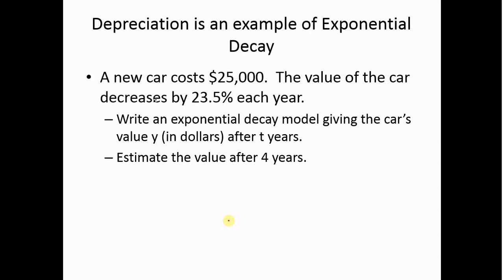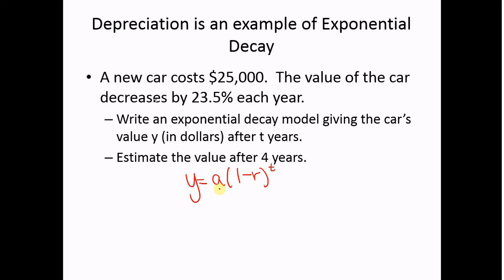Depreciation of a car. You've heard the car drops in value every year you own it, right? So let's figure out, I have a new car, and it's going to cost $25,000. And each year that I have this car, it's going to decrease in value by 23.5%, which is not actually that much. So let's figure out this model. I have y equals a times 1 minus r to the t.